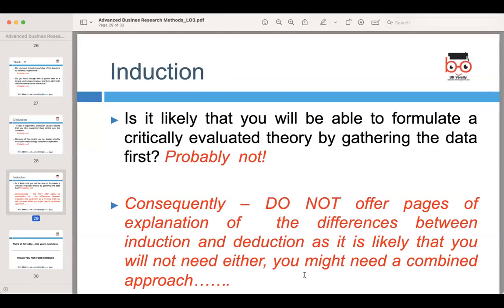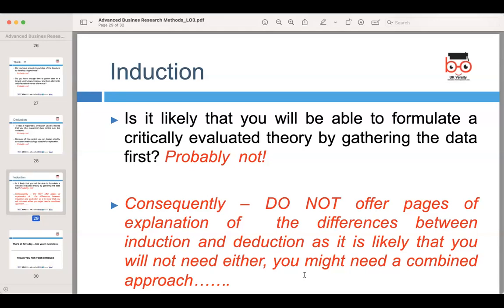So is it likely that you will be able to formulate a critically evaluated theory by gathering the data first? Probably not. Consequently, it is likely that you will not need either approach on its own. You might need a combined approach. When it comes to formulating a critically evaluated theory, it is unlikely that we can rely solely on data gathering or any single approach.